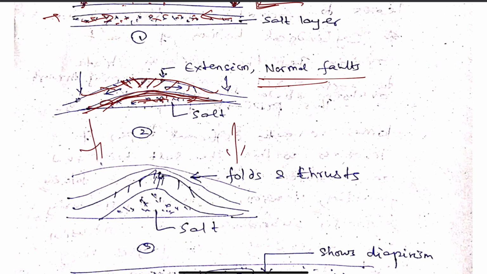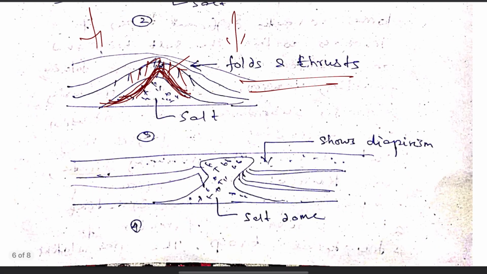With further compaction it moves further, it tries to form a cylindrical body, folds, and the overlying sediments are thrusted, faulted, and horst or graben structures are produced on the top, particularly in the cap rocks.